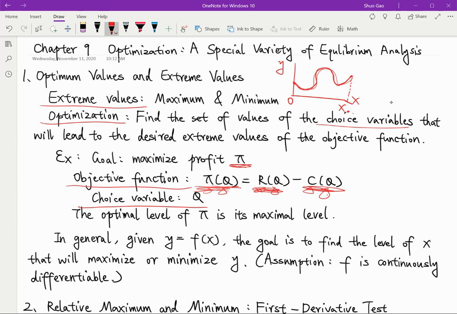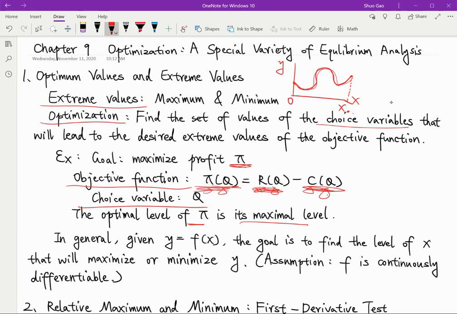In this example, the optimum value or optimization level of pi is just the maximum value, because we want to maximize our profit. So the maximization of pi is our optimum value.